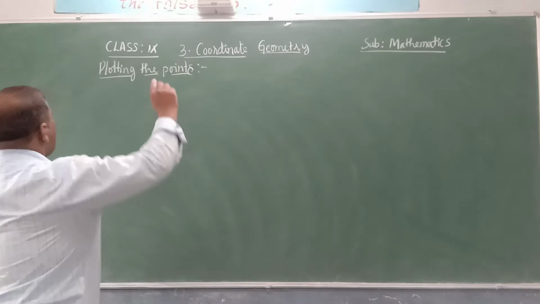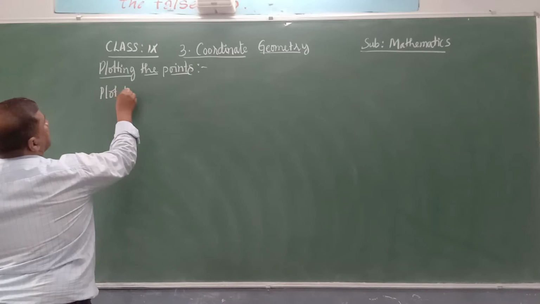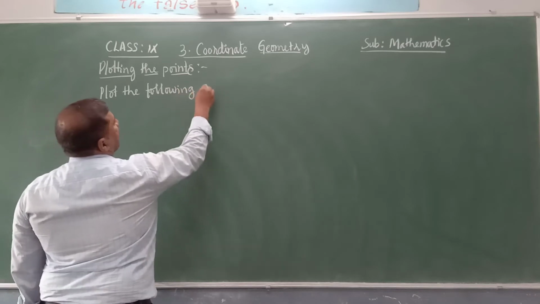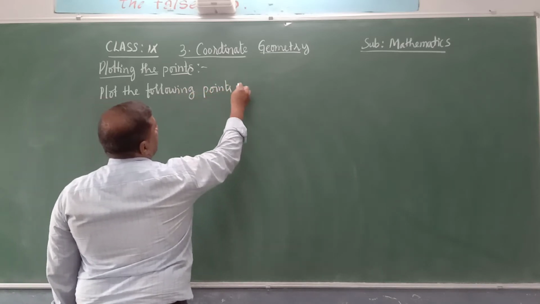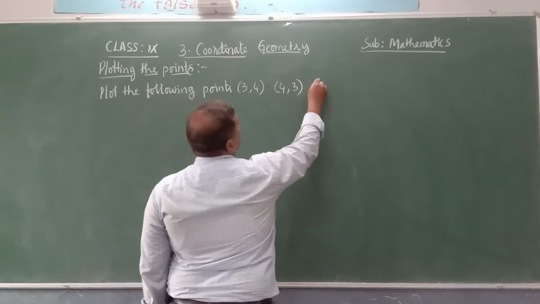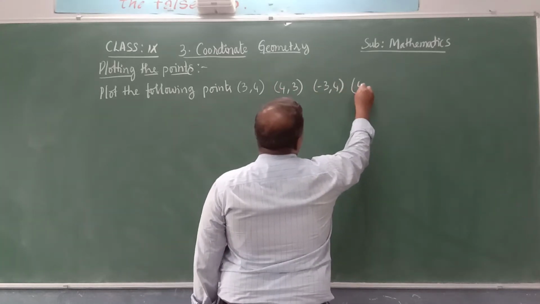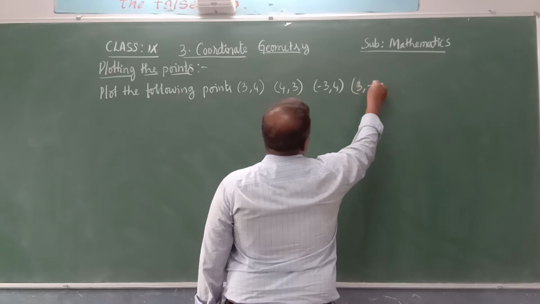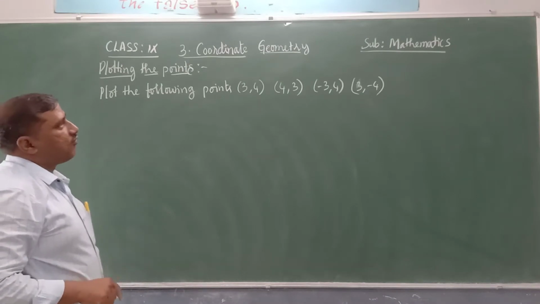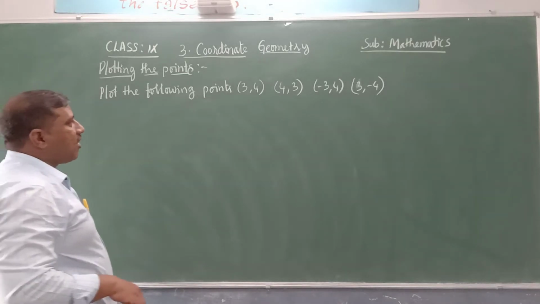For example, plot the following points: 3, 4; 4, 3; minus 3, 4; and 3, minus 4. Plot the following points in the Cartesian plane.